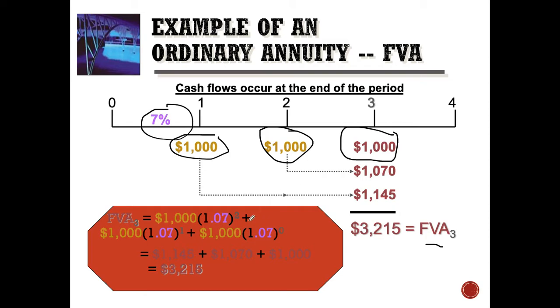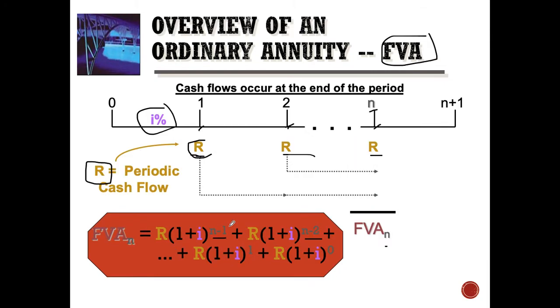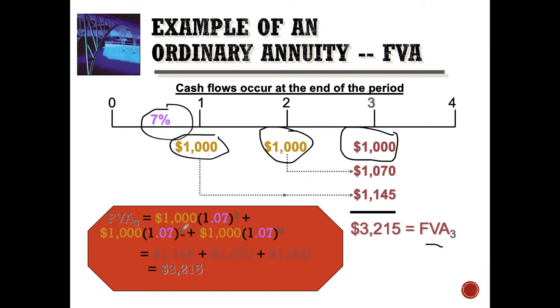And then here plus R, 1,000 multiplied by 1.07 to the power of 1, which is n minus 2 here. The 1.07 comes from 1 plus 7%.